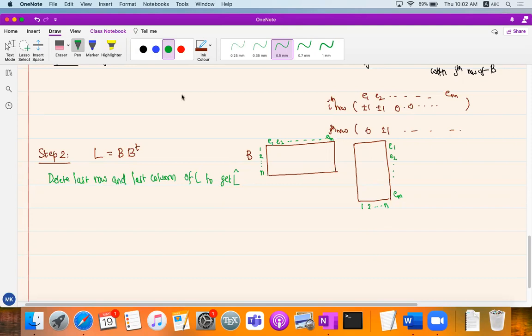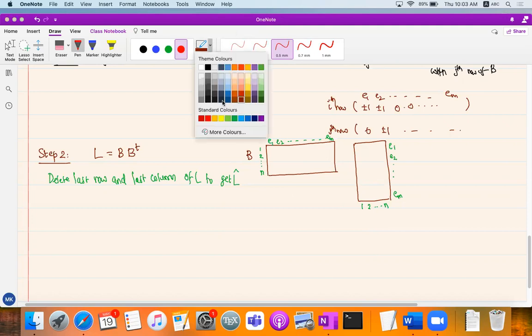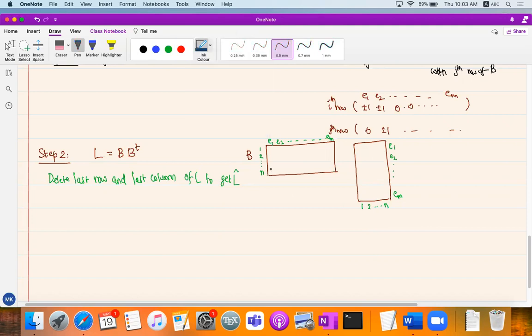So we can delete the last row. You delete the last row. Okay, very good. So you just delete the last row of B, corresponding to the vertex n.